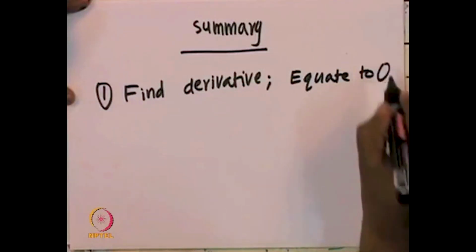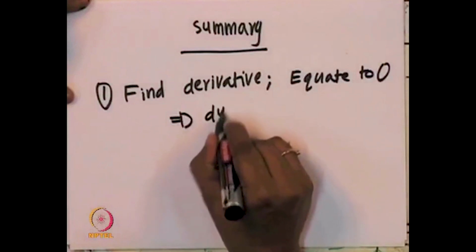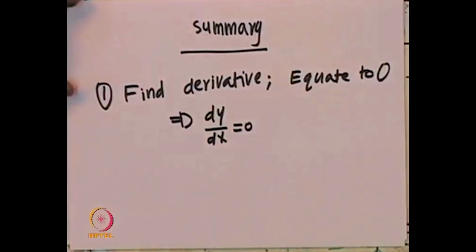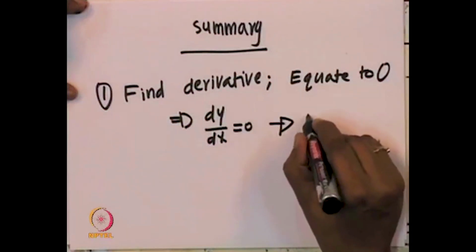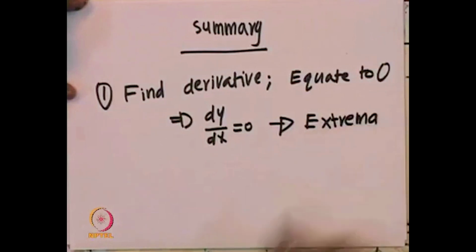Equate it to 0, that is dy by dx equal to 0. This will give you extrema, maxima or minima. That is what extrema means. It's extreme points, maxima or minima.